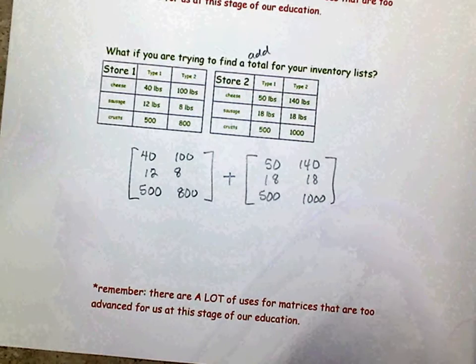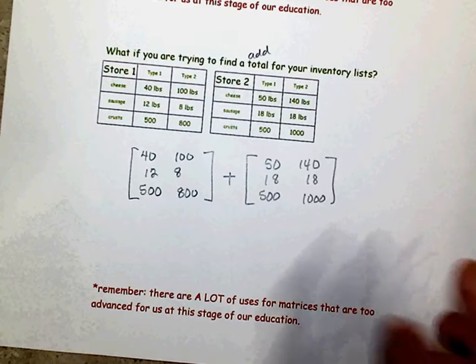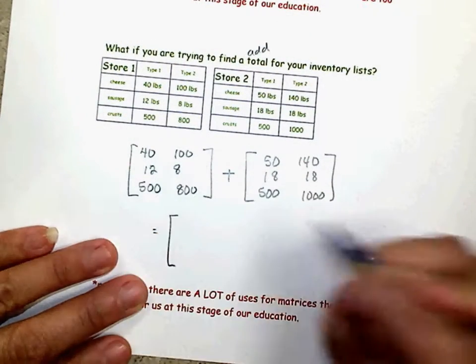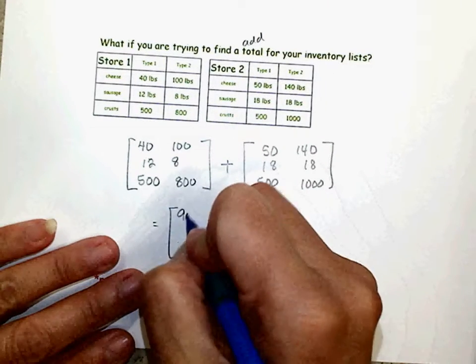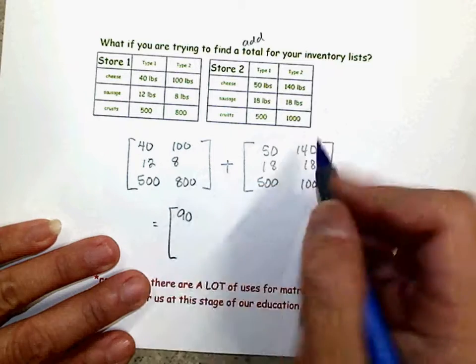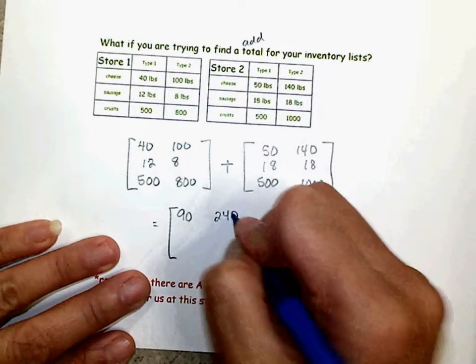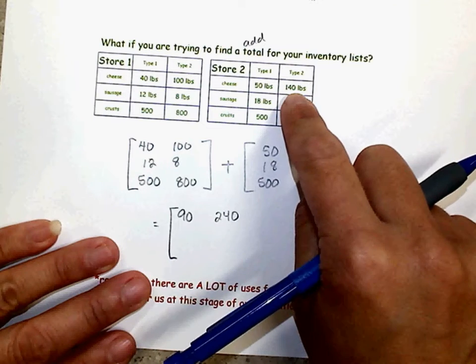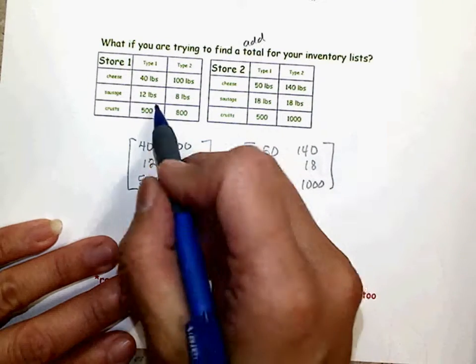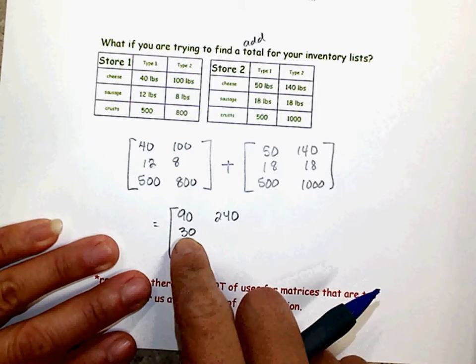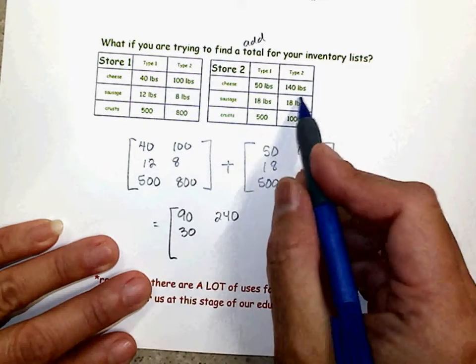So what do we do? 40 plus 50, 90. So they have 90 pounds of type 1 cheese available. 100 plus 140 is 240. Type 2, 240 type 2 cheese together. 12 plus 18 is 30. 30 pounds of type 1 sausages. 18 plus 8, 26 pounds of type 2 sausages.